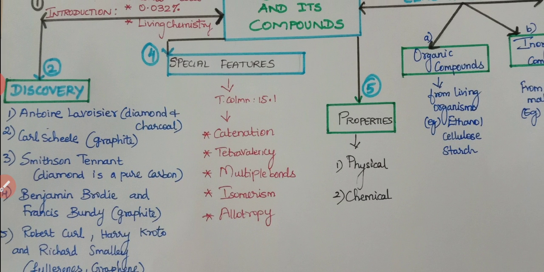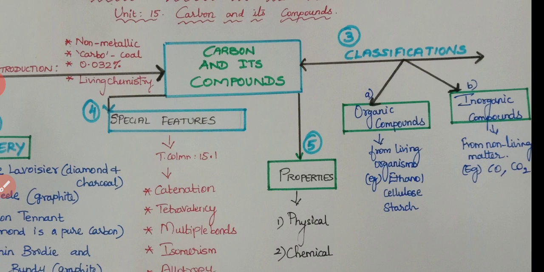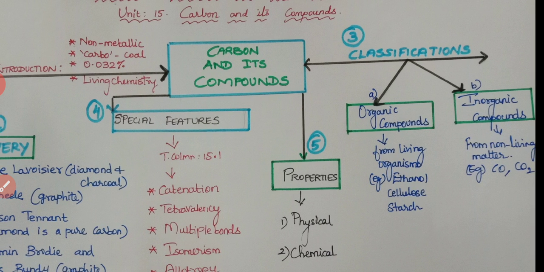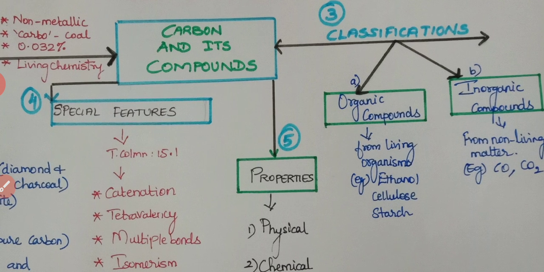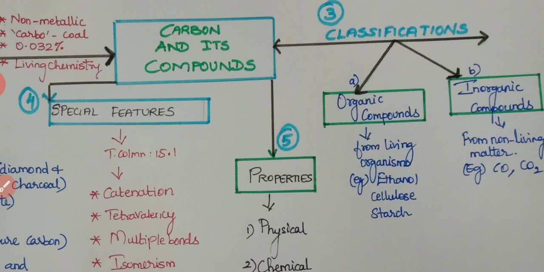Then the third topic you must know is classification of carbon compounds. It is very simple, classified into 2: organic compounds and inorganic compounds. Organic is derived from living organisms. These are the compounds of carbon obtained from living organisms such as plants and animals.